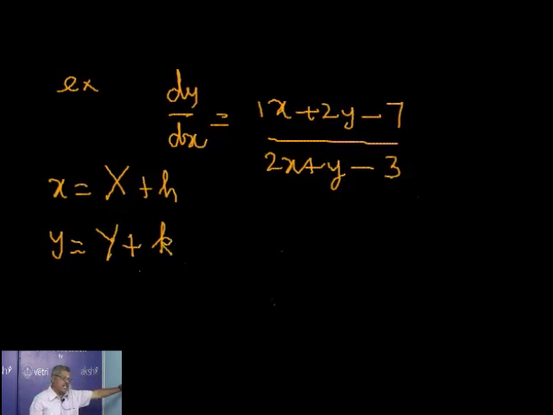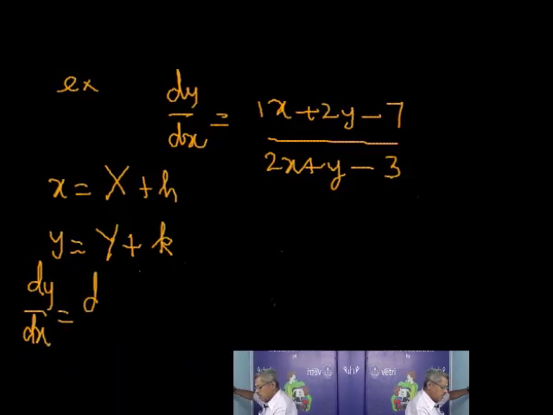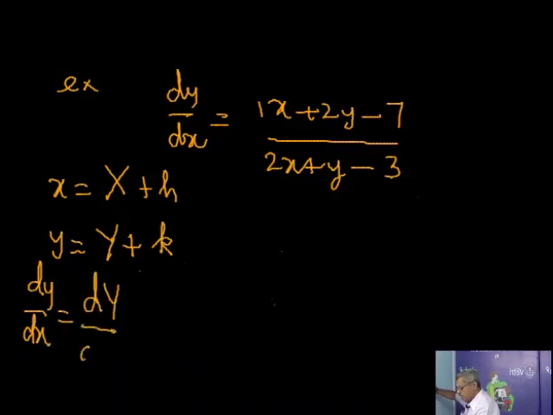Here h and k are constants. When x is equal to X plus h and y is equal to Y plus k, automatically dy by dx becomes dY by dX, because h and k are constants.